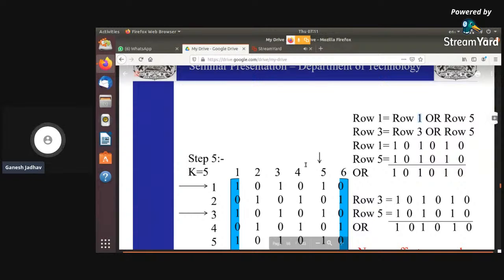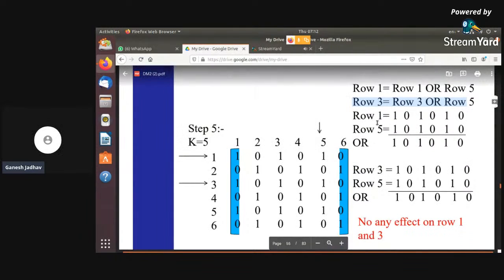You can visit k5, and here is 1. So the modification in row 1 is row 1 or row 5, and in row 3 it is row 3 or row 5. This is the modified first row, and this is the modified third row.